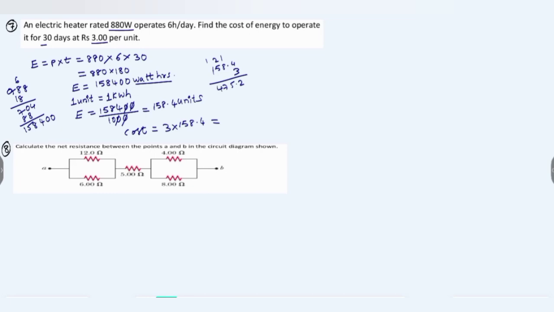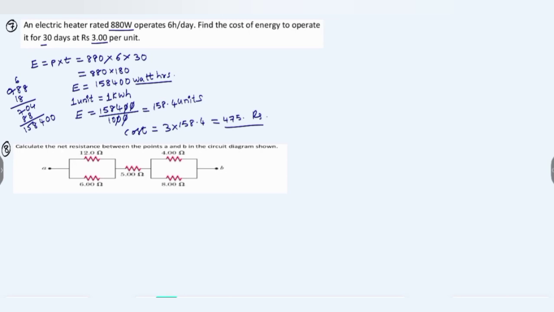Correct only. So it is 475.2 rupees. That is the total cost per 30 days. Hope you understood this problem also.